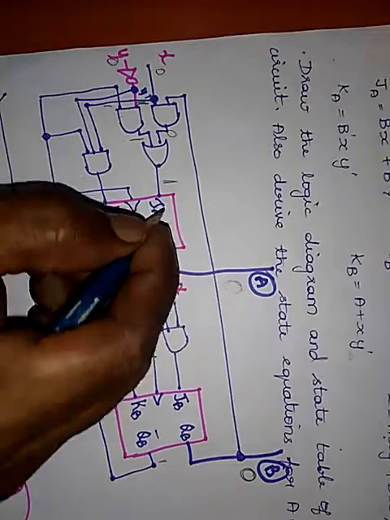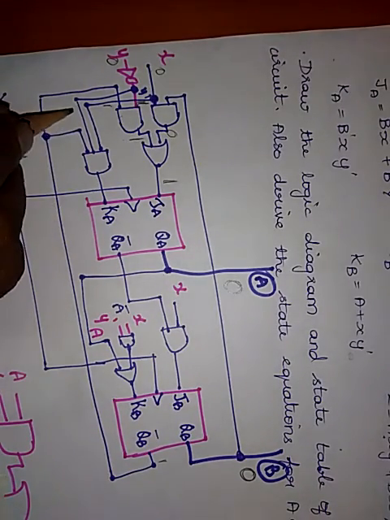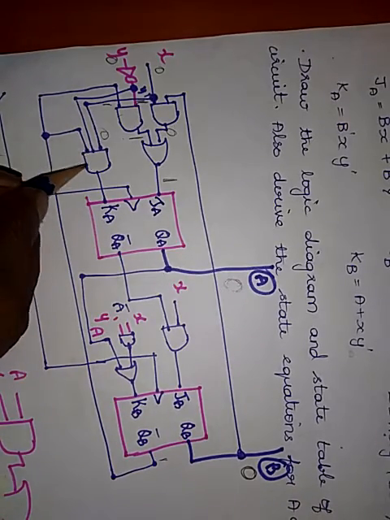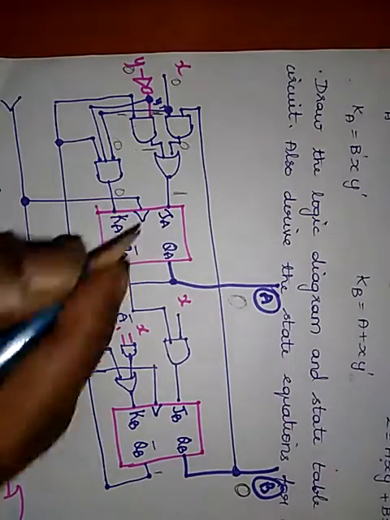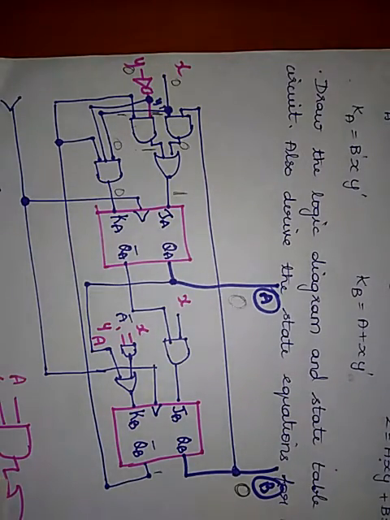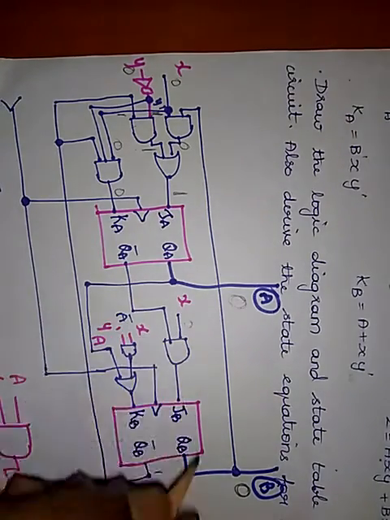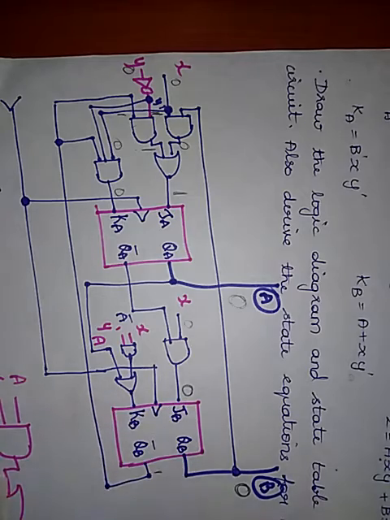Now we have the J input. K input, if you see, this is 0. So if one input goes 0 for AND gate, the output is 0. So KA is 0. Similarly, X value is 0. Therefore, this input JB is 0.